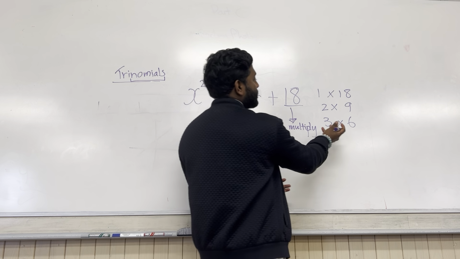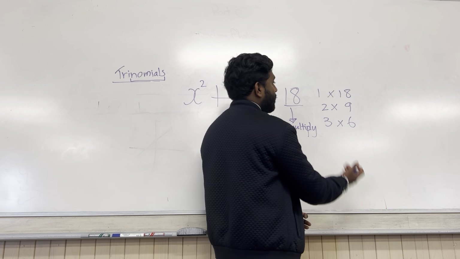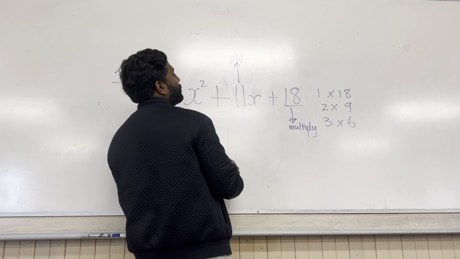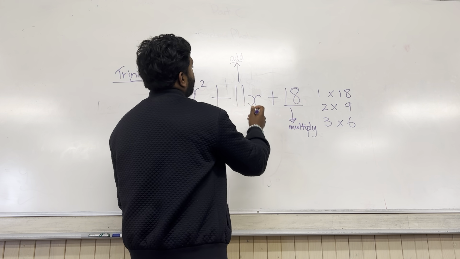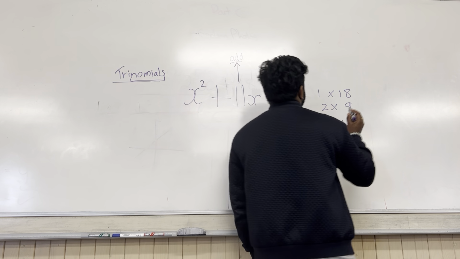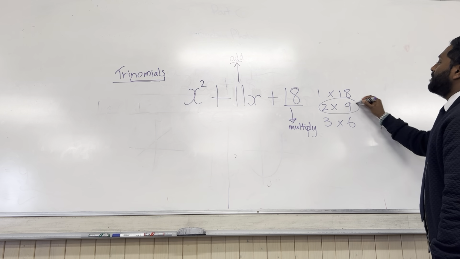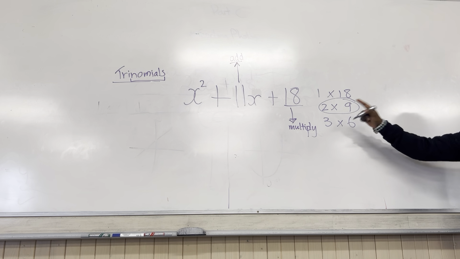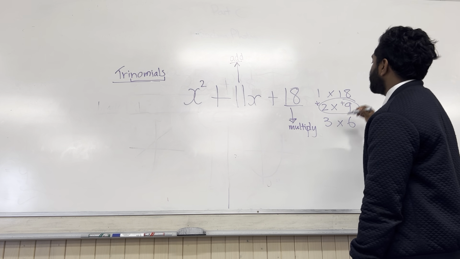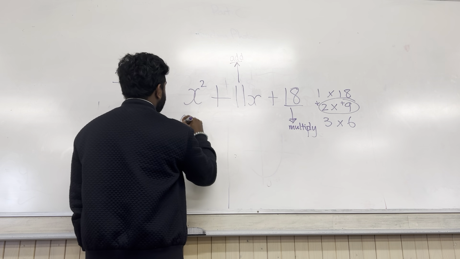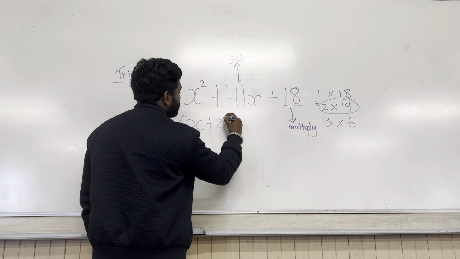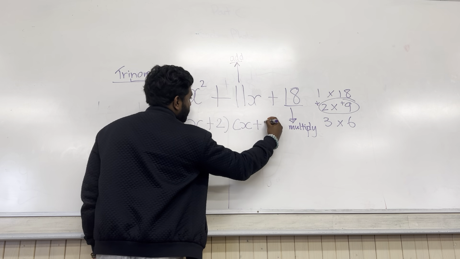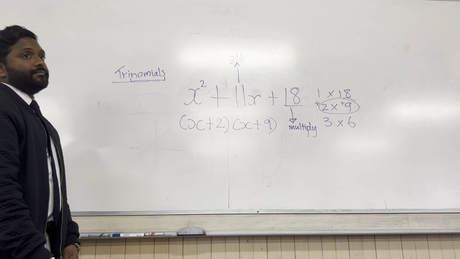Now, one of these could also be negative numbers, right? But looking at that, what are 2 numbers that add to give you 11 but multiply to give you 18? 2 and 9. So you've got these two factors and they're positive. So when you factorize it, it's x plus 2, x plus 9.